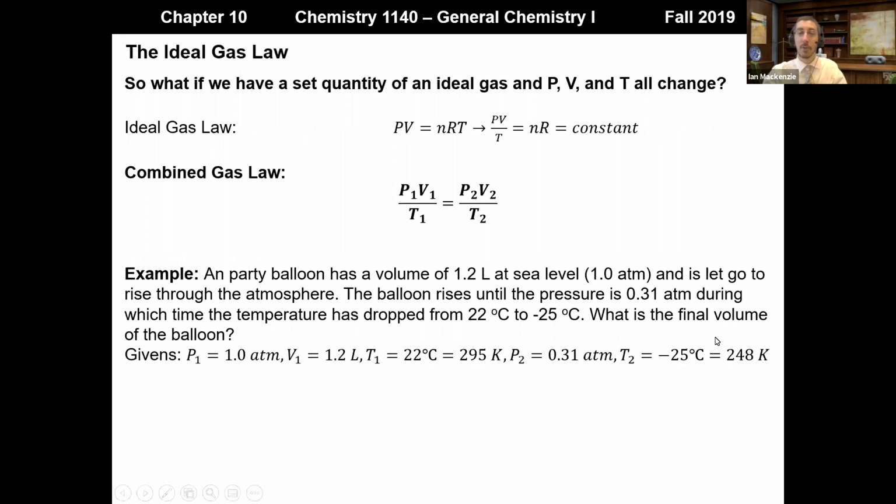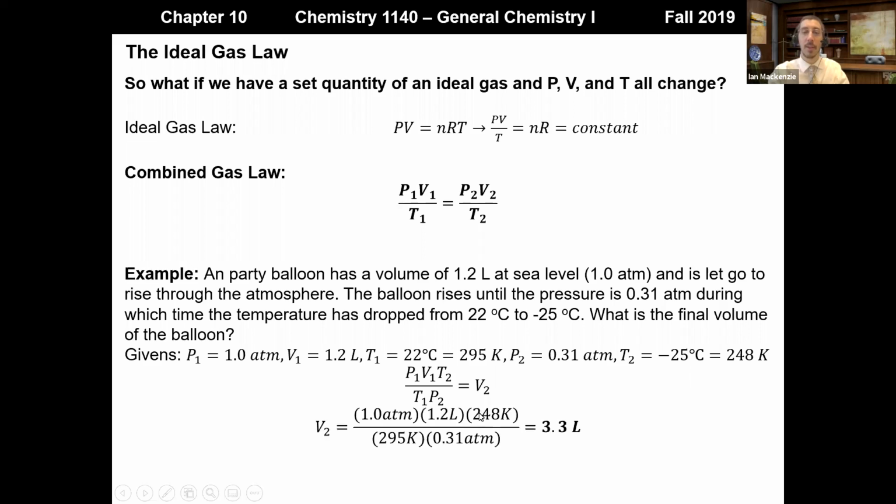After we've converted those, what we're really looking for is volume 2. So we do a little bit of algebra, multiply both sides by T2, divide both sides by P2, and now we get P1 V1 T2 over T1 P2 is equal to V2. Then you substitute the values in, and we come out with a volume of 3.3 liters for that party balloon.